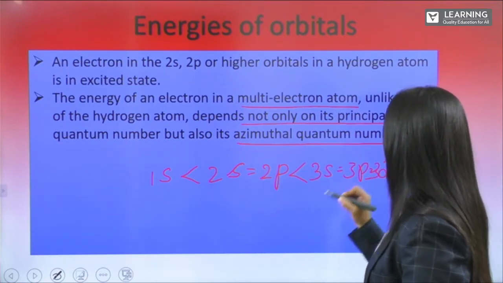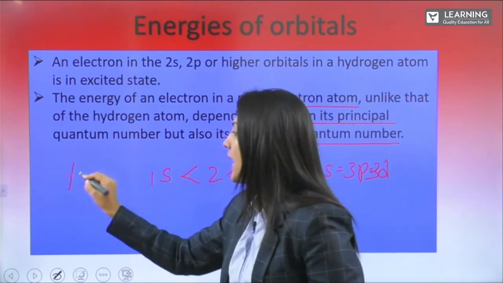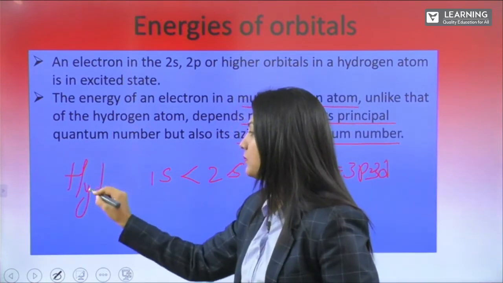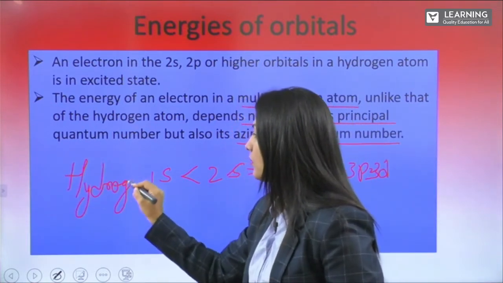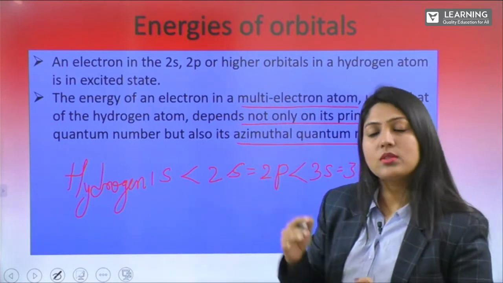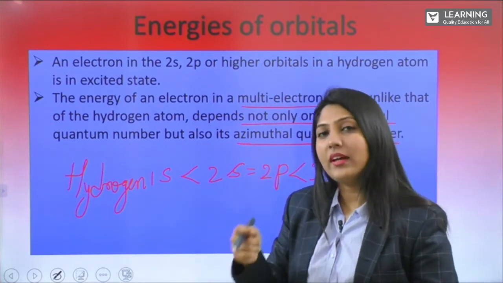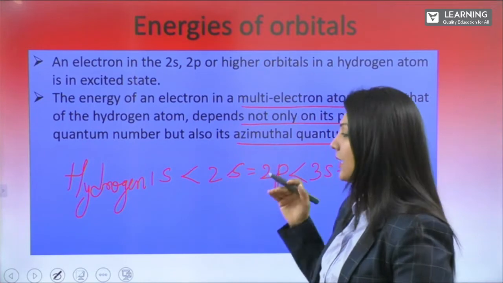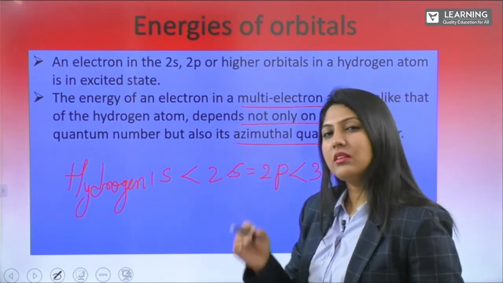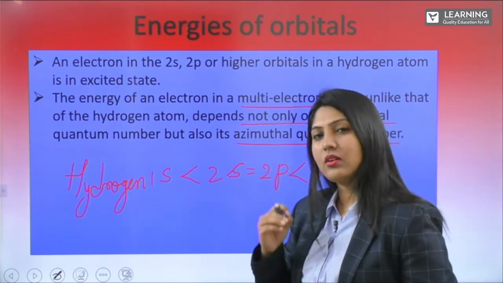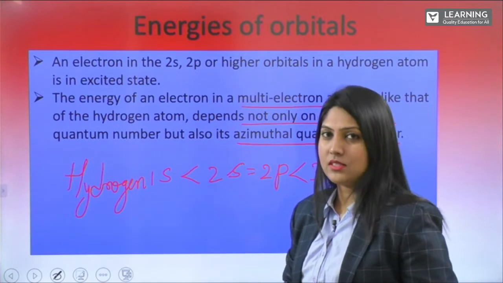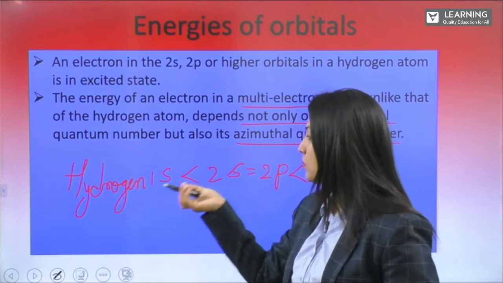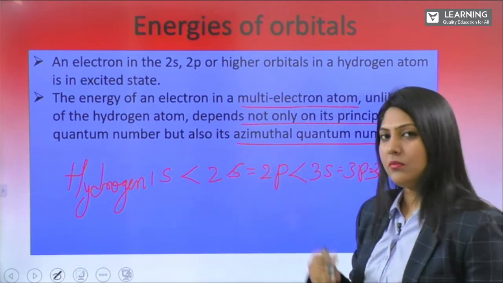This is for hydrogen-like atoms. Why is it for hydrogen-like atoms? Because they have one electron, or nearly one electron, so it is easier for them to manage these quantum numbers.